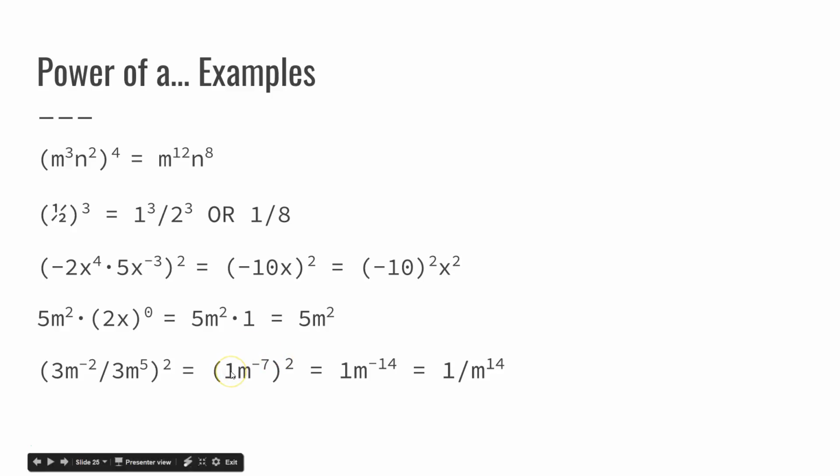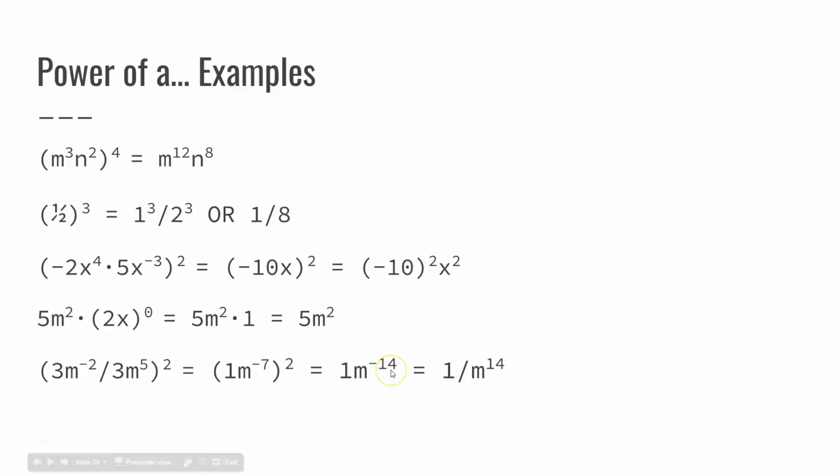So the 1 in the front's not super necessary, so you can even ignore that if you want and just pretend this is m to the negative 7 squared. But I'm going to leave it just for the sake of the fraction at the end. So 1 squared is still 1. m to the negative 7th squared. Our power of a power rule says anytime you have two exponents stacked on top of each other like this, multiply them.